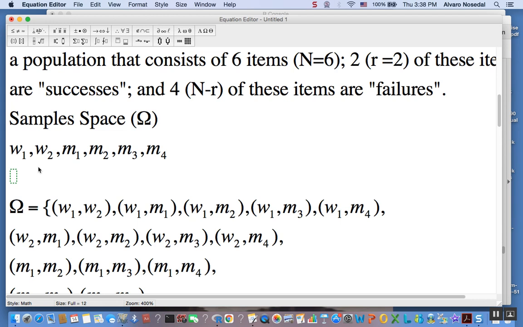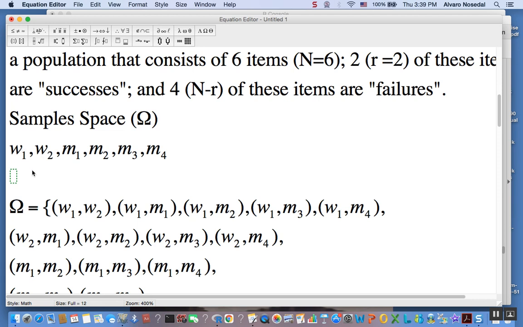If you think about the experiment sequentially, as you carry out the experiments, the probability of drawing a woman the first time around is 2 divided by 6, right? Because you have 2 successes in your population.